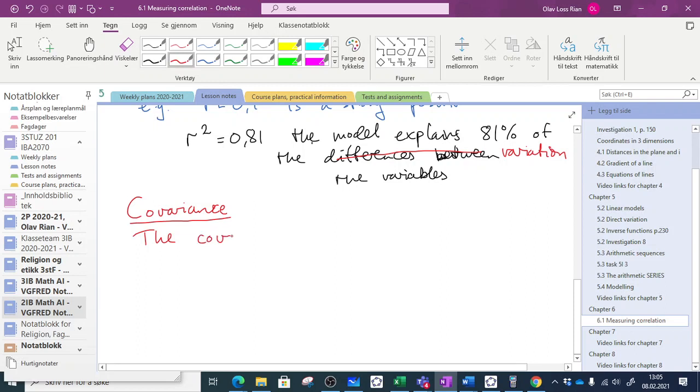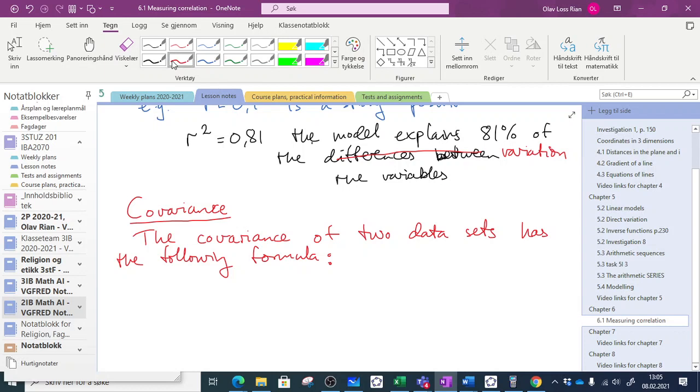So the covariance of two data sets, or for two variables, has the following formula. And we write the covariance as S with x, y as a subscript here, implying that this is not standard deviation, but this is the covariance, and we put both variables down here.